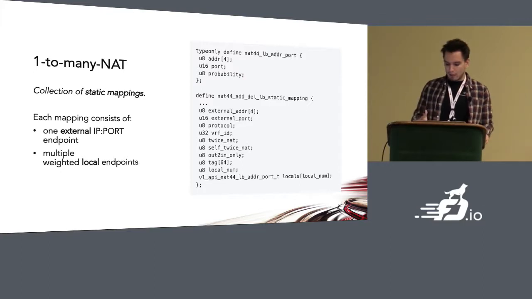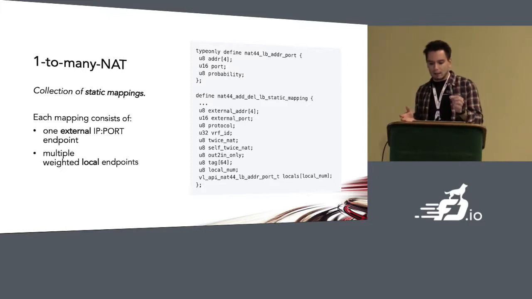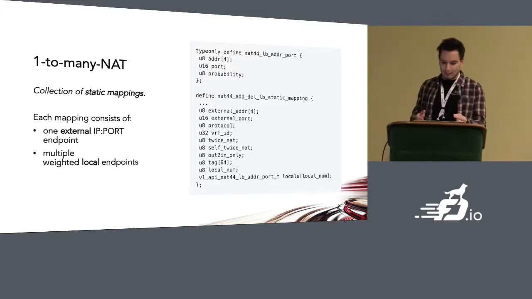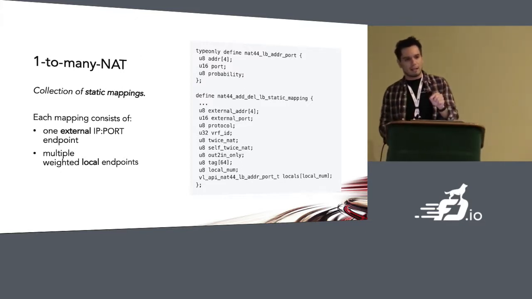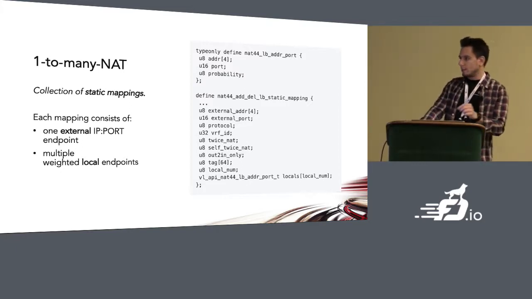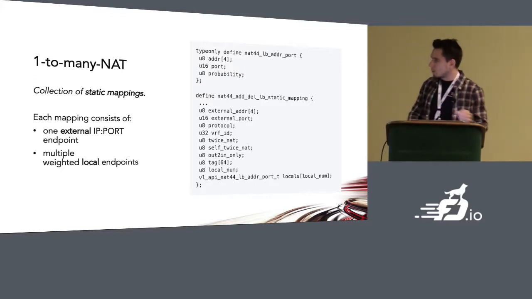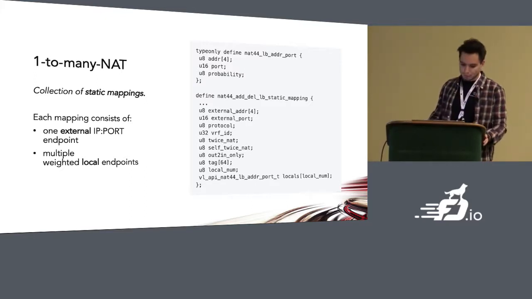Now, for that reason, the source IP and the destination IP are equal after the DNAT. So we had to do something to solve this problem. And we called it self-twice-NAT. That tells the NAT plugin to also translate the source with a selected IP address that will be routed through VPP. And that was actually the addition to the NAT plugin inside VPP to support services.